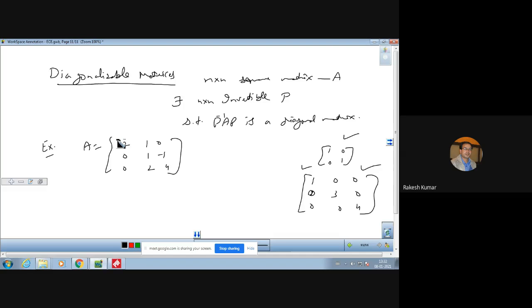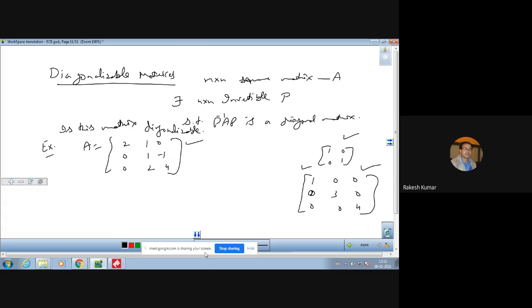We have to check whether this matrix is diagonalizable or not. They are asking: is this matrix diagonalizable? This is the question. We need to tell whether this matrix is diagonalizable.